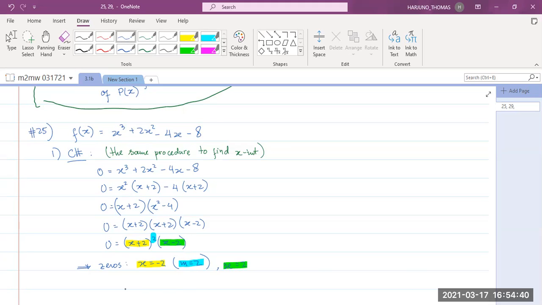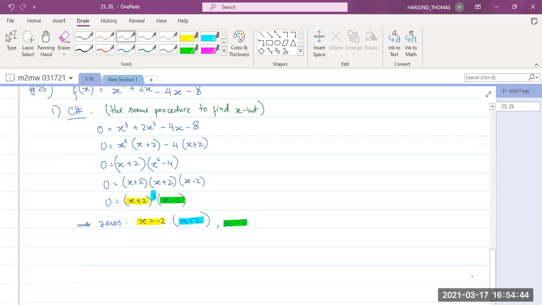But before we go on, notice that if the zeros are -2 and 2, both of them are real numbers, then consequently the x-intercepts are (-2, 0) and (2, 0).